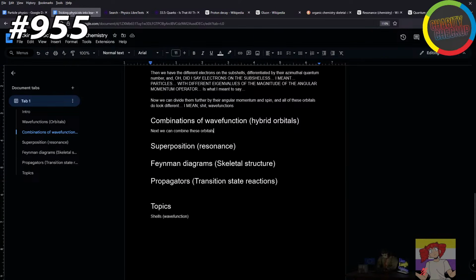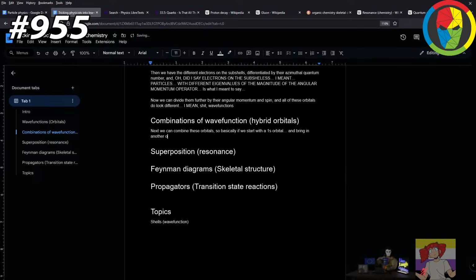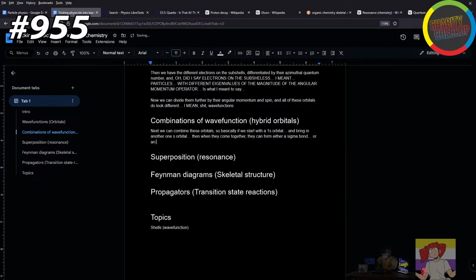But, we can combine these objects. So basically, if we start with one SO2 and bring in another one SO2, then when they come together, they can form either a sigma bond or an anti-bonding sigma bond.